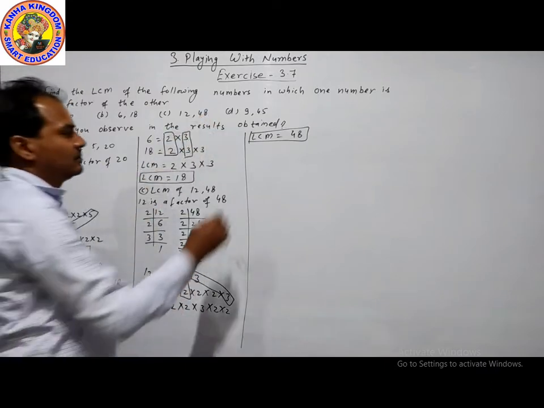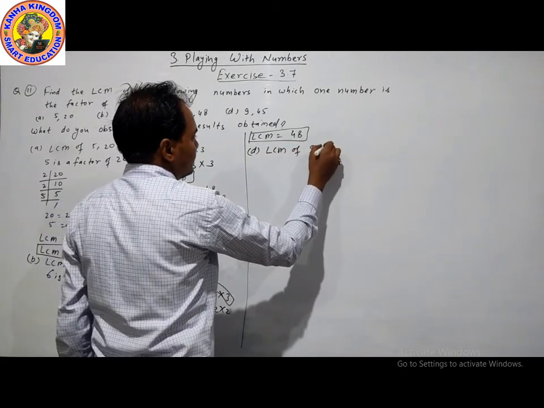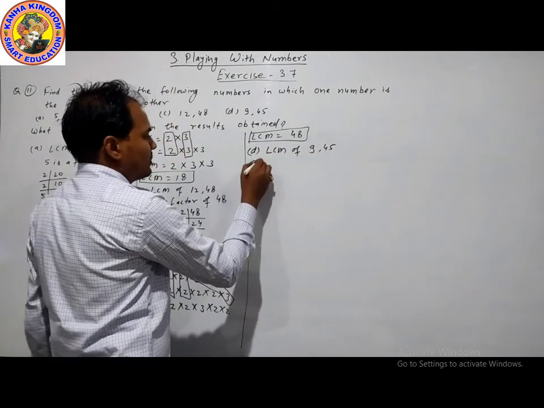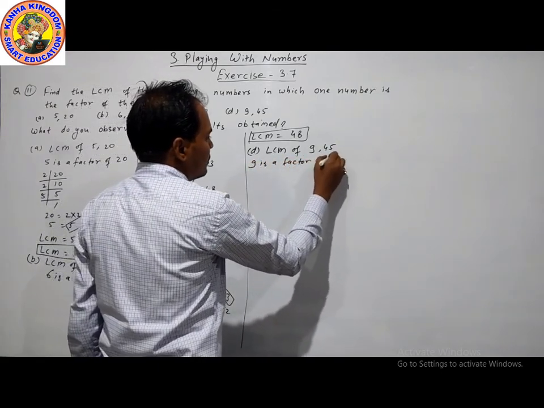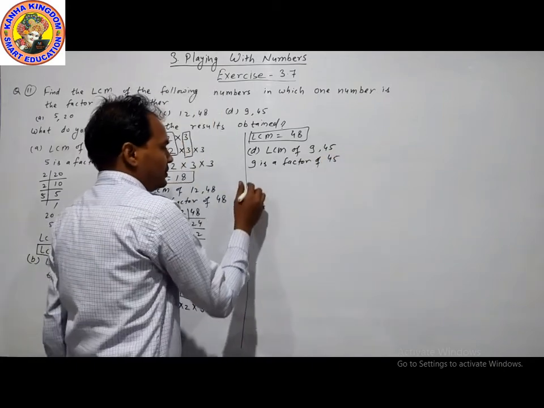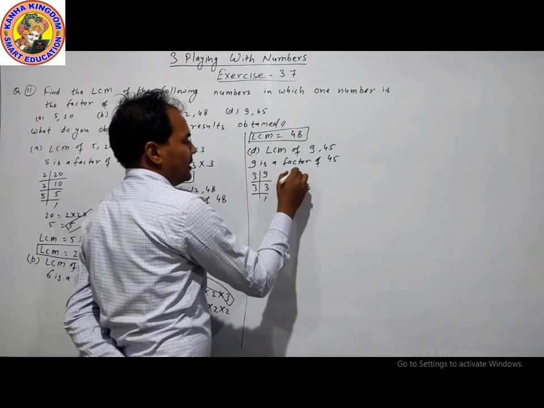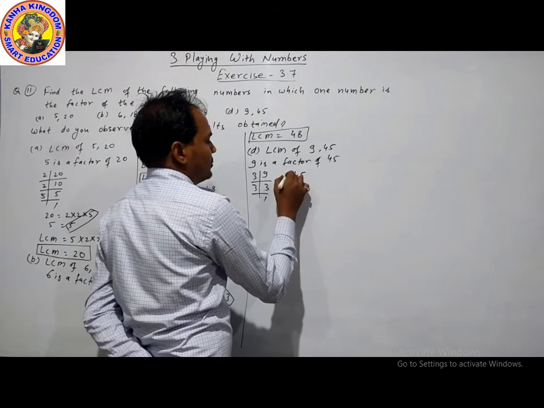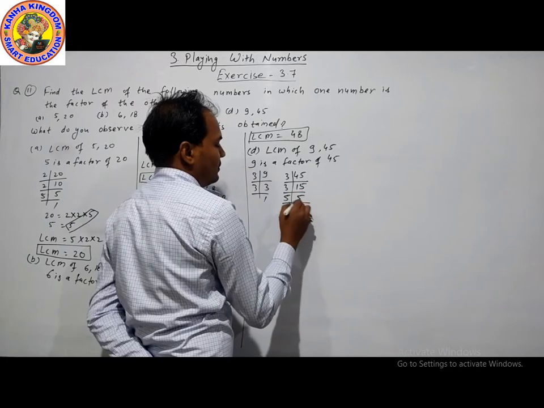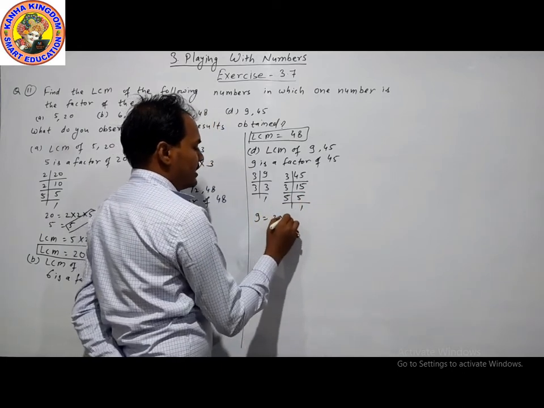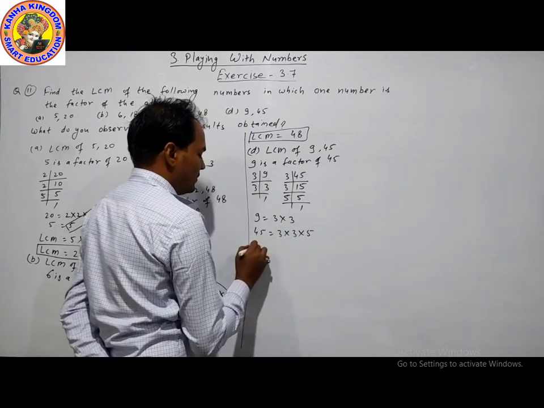Now taking part D. LCM of 9, 45. First of all, 9 is a factor of 45. 9 can be written as 3 into 3. 45 can be written as 3 into 3 into 5.